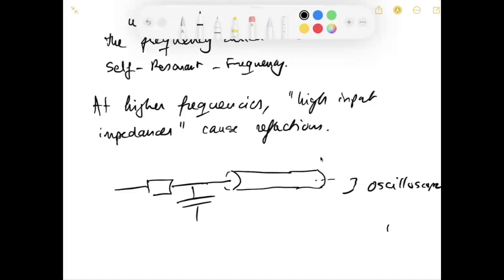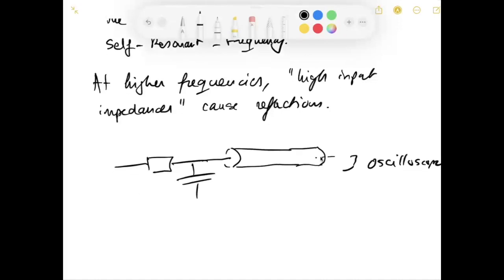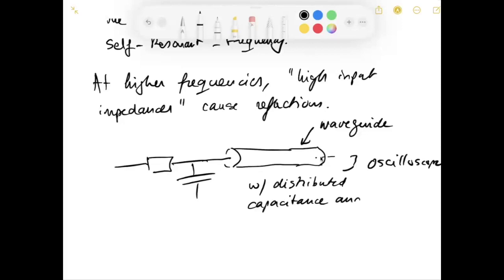Now, the problem is at high frequencies, this thing is a waveguide. So you need to consider the fact that it has a built-in capacitance and inductance. So it's with distributed capacitance and inductance.